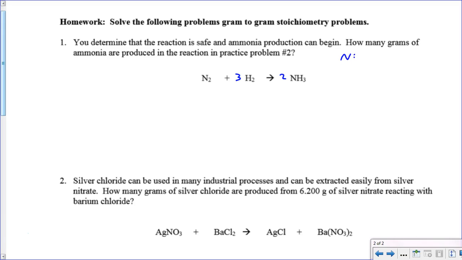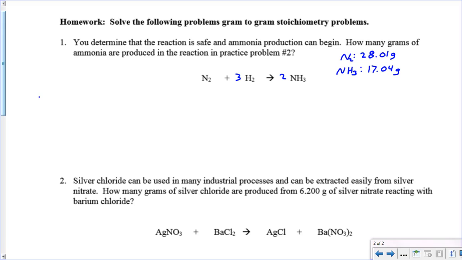Important molar masses here. We're going to start again with N2, so I'm going to write its molar mass again, 28.01 grams. And then we also need the molar mass of NH3 for this problem. NH3 has a molar mass of 17.04. From the periodic table, we just take the mass of nitrogen plus 3 times the mass of hydrogen. Now we have all the conversion factors that we need. We're going to start with the same number, because it's the same situation from practice problem number 2.